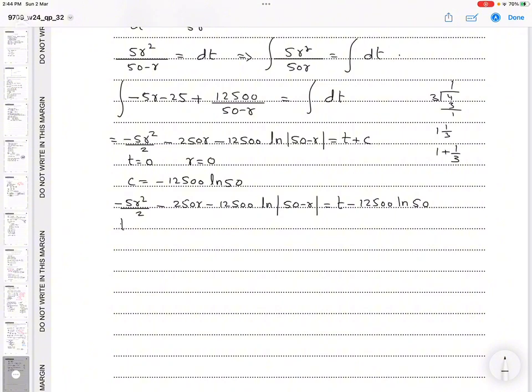Now from here t equals minus 5r square over 2 minus 250r minus 12,500 ln 50 minus r plus 12,500 ln 50.